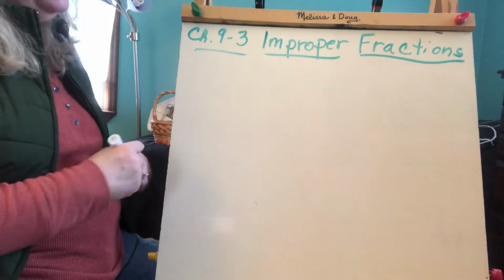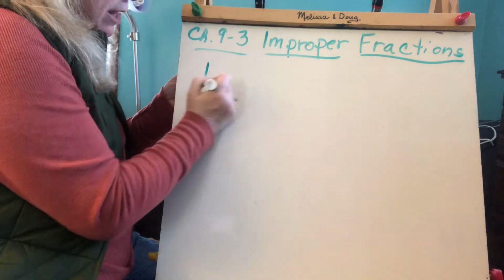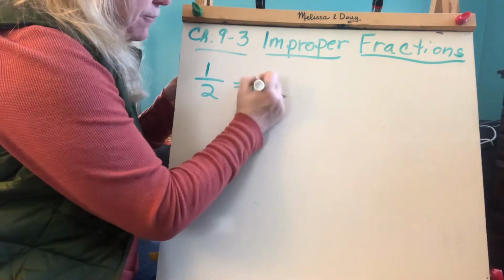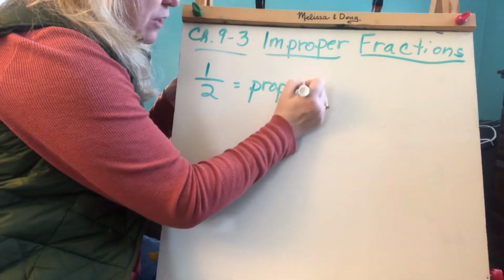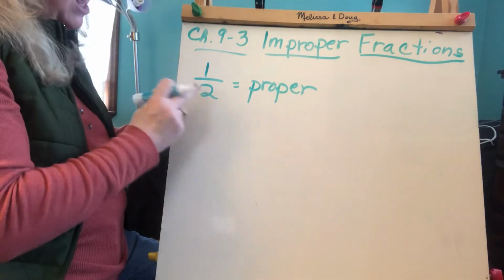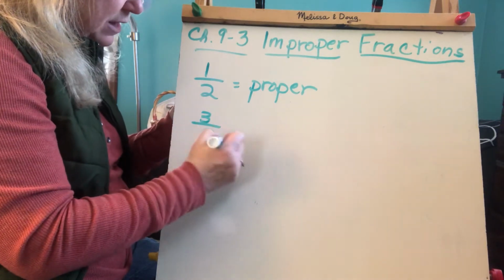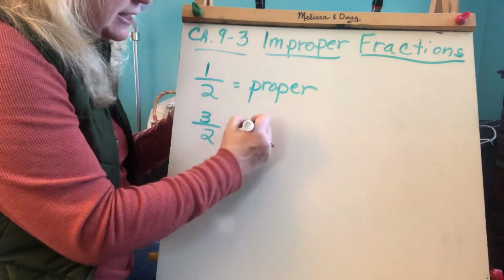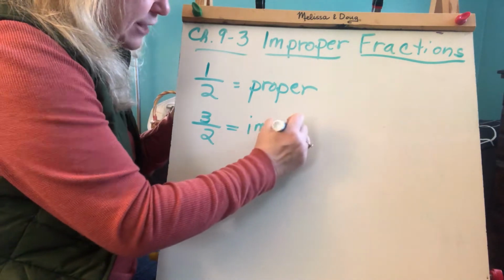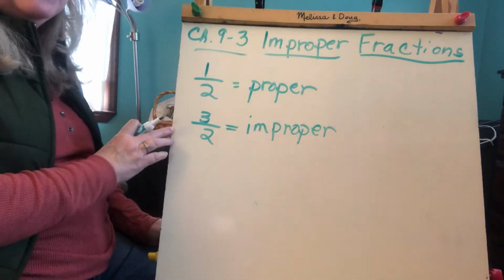Improper fractions means that the numerator, so let's say 1/2, that would be a proper fraction because the numerator is smaller than the denominator. But if we had something like this, 3/2, this is an improper fraction. It's not a proper fraction. Doesn't mean it's incorrect.